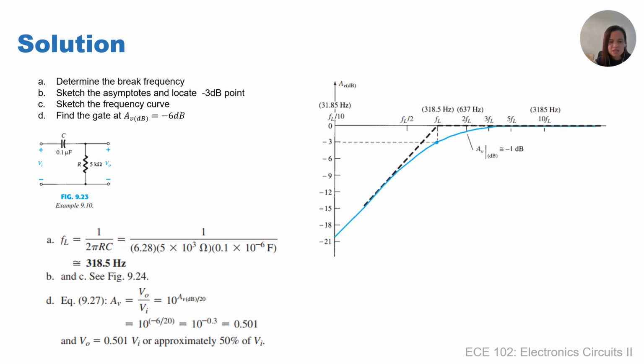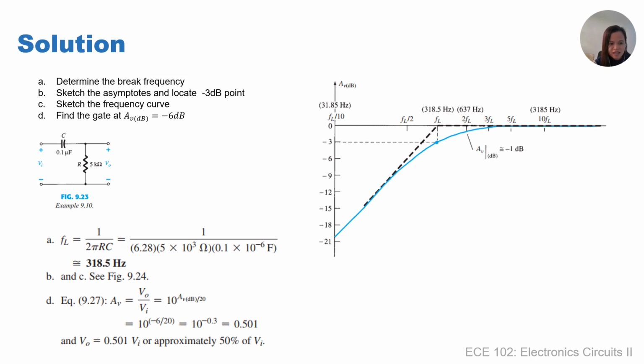The resistor is 5 times 10 to the power of 3, and the capacitor is 0.1 times 10 to the power of negative 6 farad. Substituting those values, the low cutoff frequency is equivalent to 318.5 Hertz.